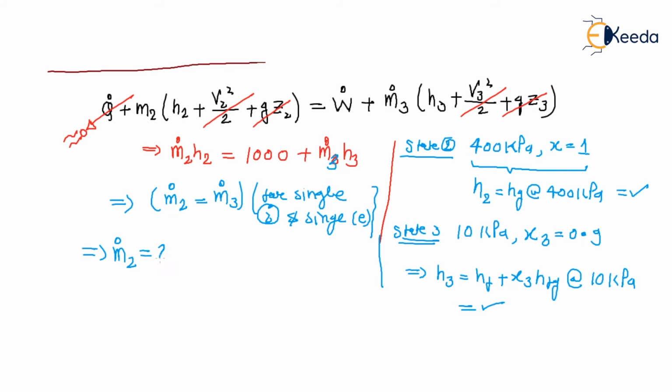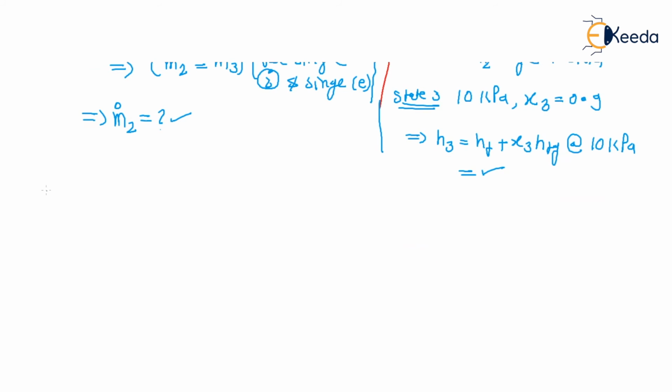Now, as we know, m2 dot by m1 dot is the mass of the vapor to the total mass, and what is given? The dryness fraction, 0.0439.